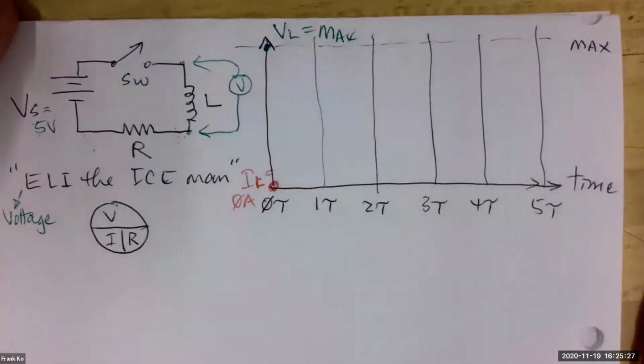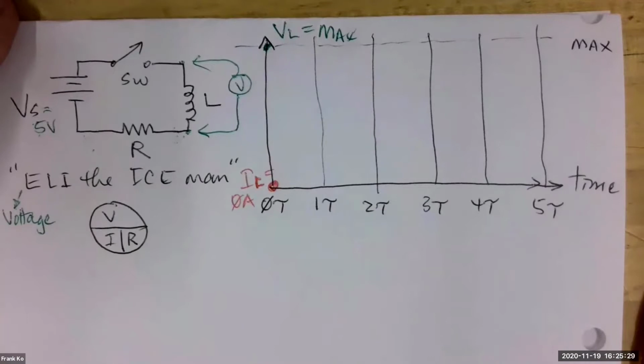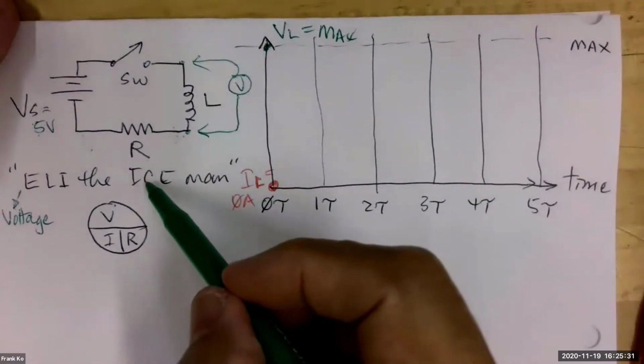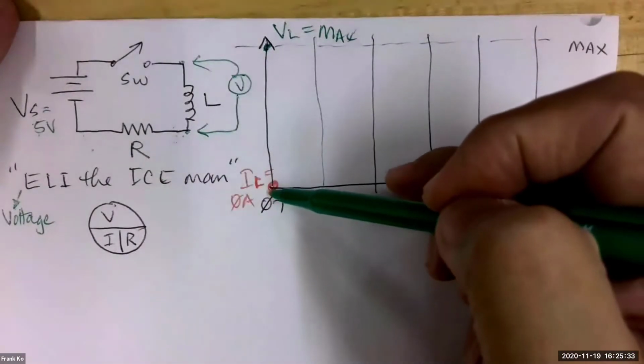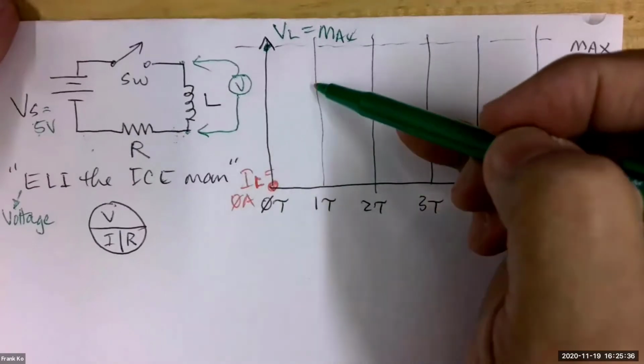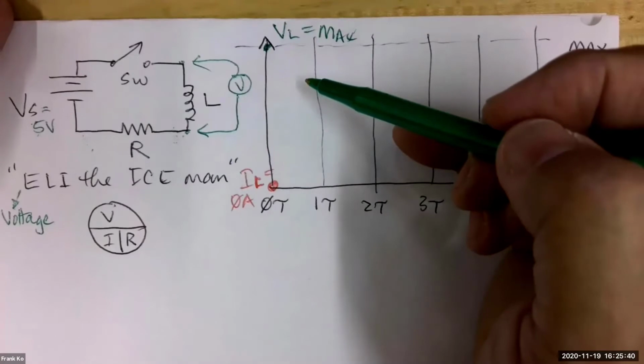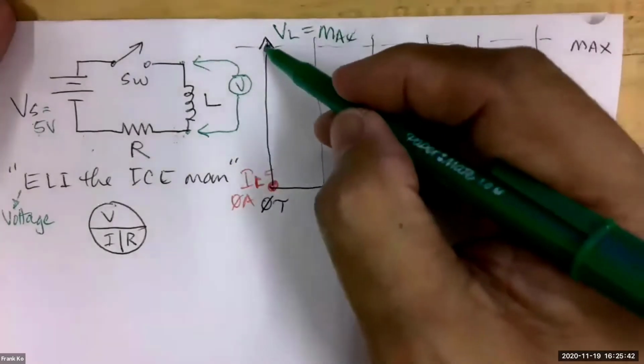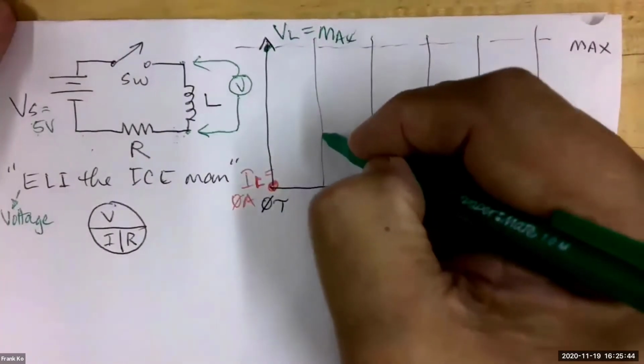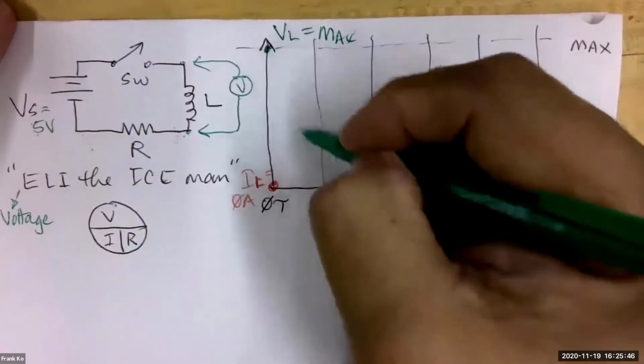Now, what happens in the first time constant, when we were talking about capacitors, the capacitor voltage charged up 63.2%. In the case of a coil, the coil will drop its voltage by 63.2%. It'll come down.